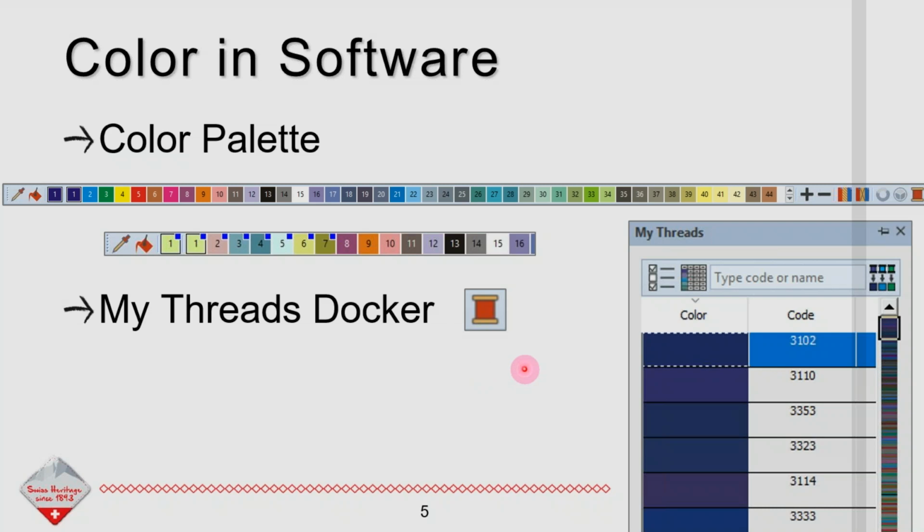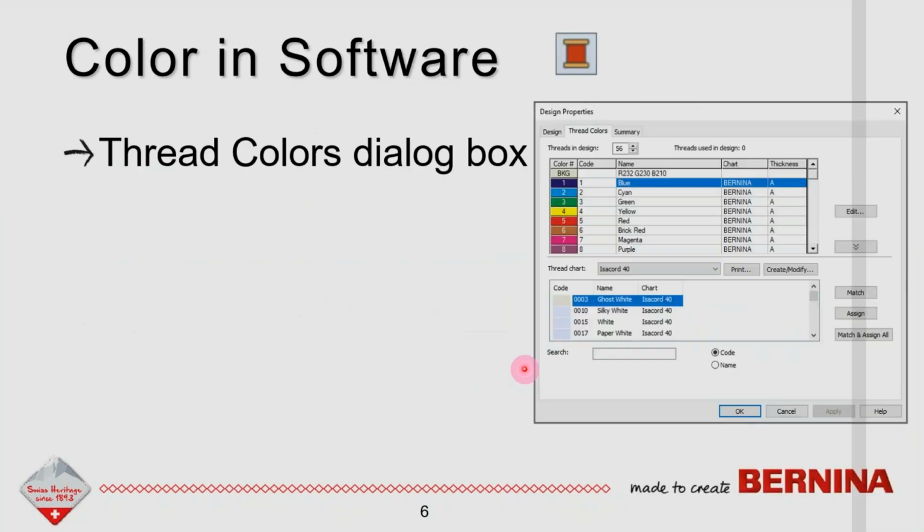There's also My Thread Stalker, which is another area of color, and this is in the lower right corner of your screen, and it is opened with a left click. If you right-click on this same icon, you have a Thread Colors dialog box that will open. And the dialog box has many of the same functions that you will find in My Thread Stalker.